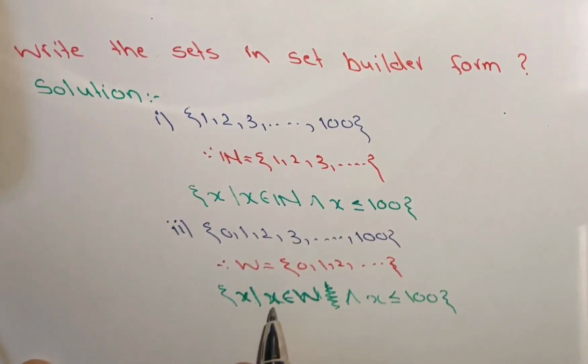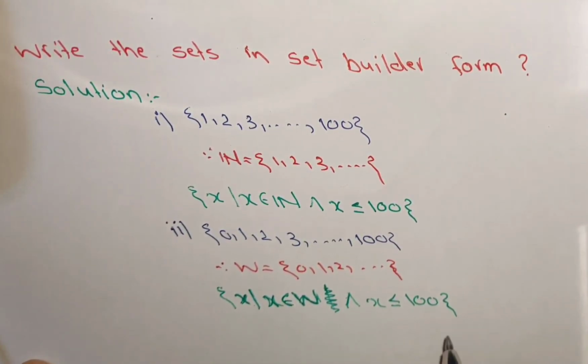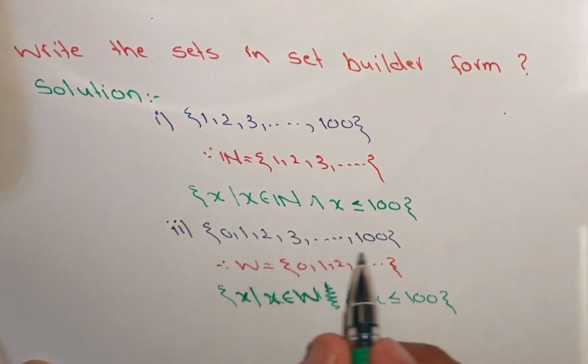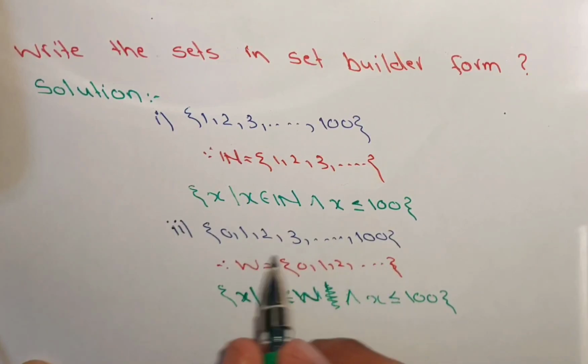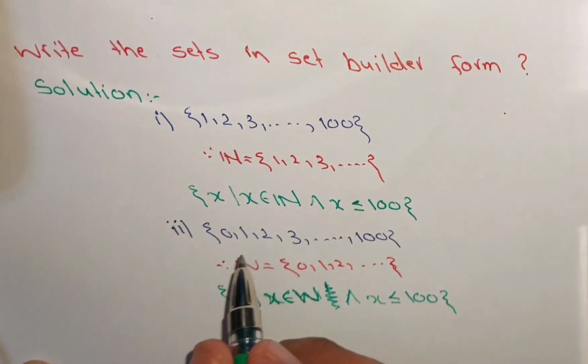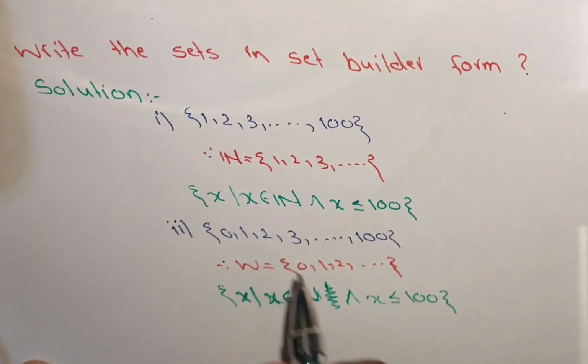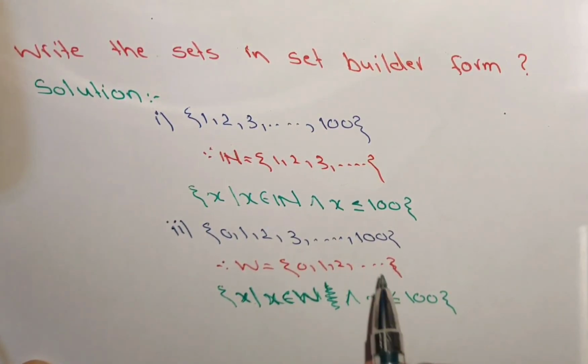In this way we can easily write sets in set builder form, and this is a very basic technique. First of all, you need to understand the sequence, whether it is natural numbers, whole numbers, rational numbers, even numbers, or odd numbers. After you figure out the sequence, you need to write the limit.